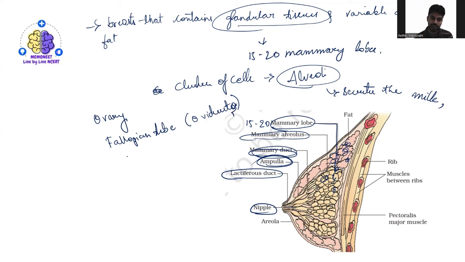Then we studied the uterus. And the last thing that we studied was the mammary gland. So this was all about the female reproductive system.